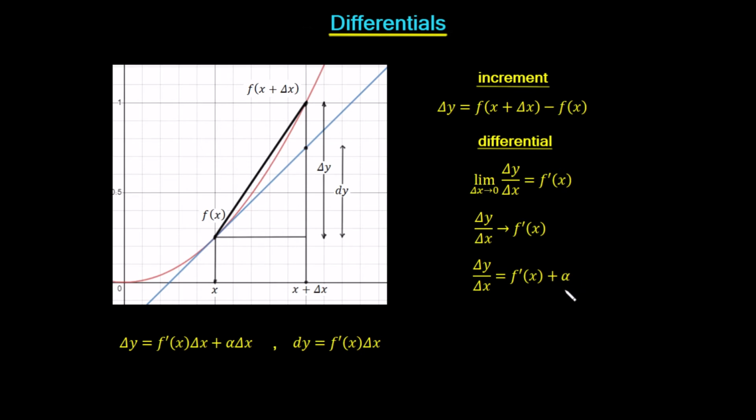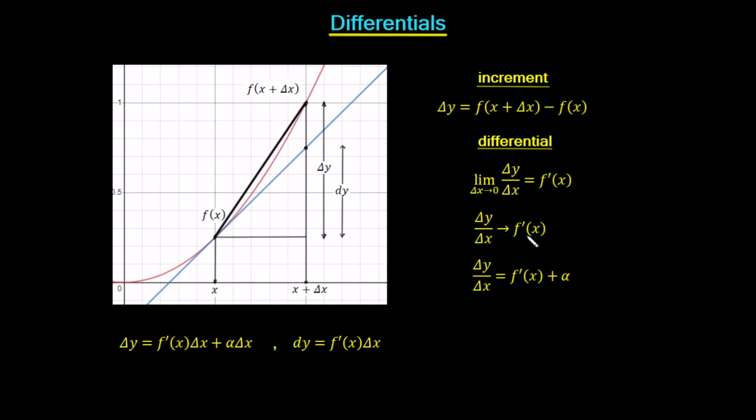And you can see that we're going to add on the value alpha because this gradient here in black is steeper than the gradient in blue. So we're taking the gradient in blue, which is f derivative of x, and we're adding on an extra little bit of gradient, and that extra little bit of gradient we'll call alpha. And by adding that little extra bit of gradient alpha, we can go from the blue line here up to the black line.